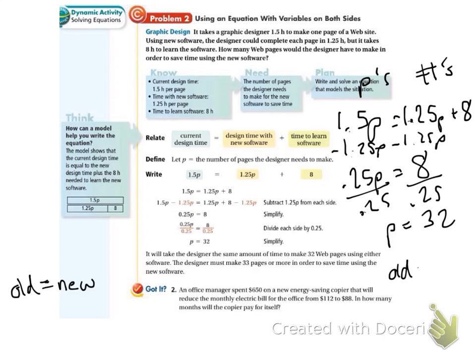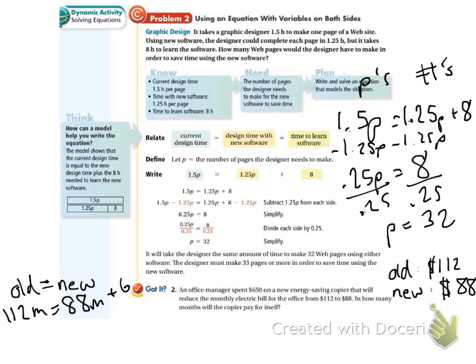So the old was $112, and the new one is $88 per month. So the old method, they just paid $112 per month. The new one, they paid for that copier and they pay $88 per month.